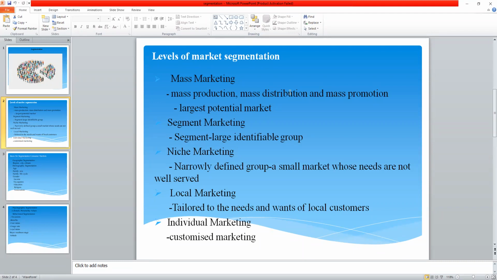Even the customers welcome this, because they also understand, or rather it is the job of the marketers to convince the customers how the offering is different from the pool of offerings which is offered to the entire masses. And that's why there is an additional charge. Extra amount is charged because there is some extra value addition apart from the masses.